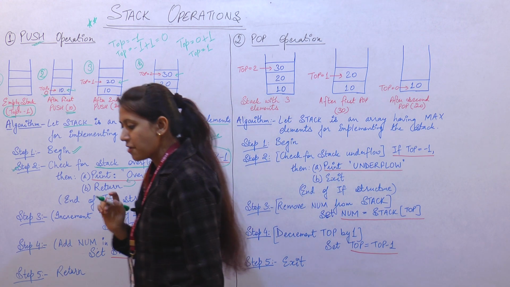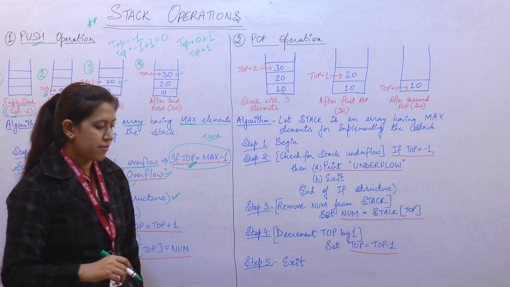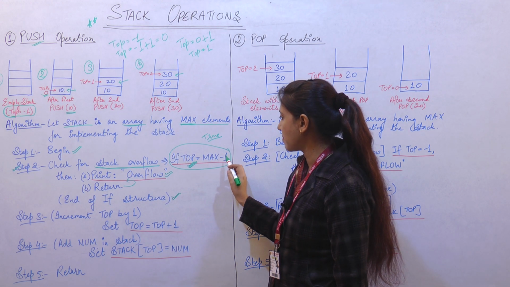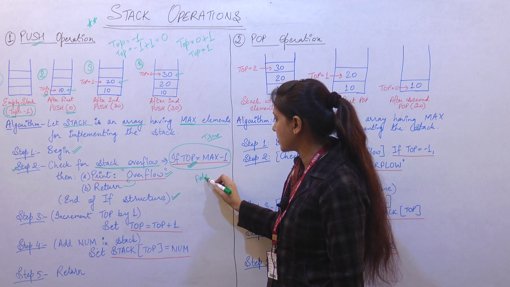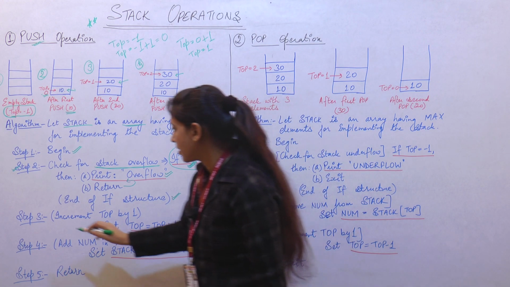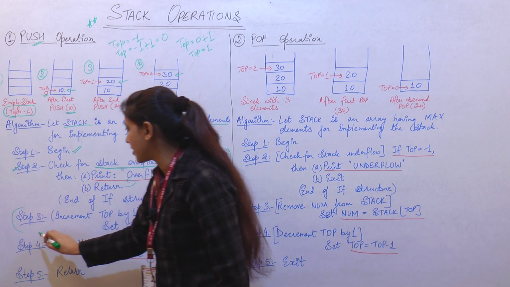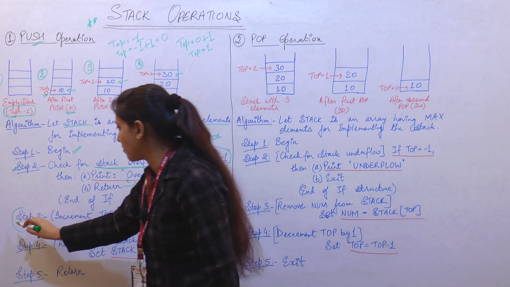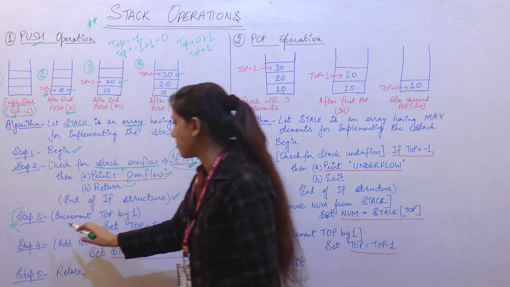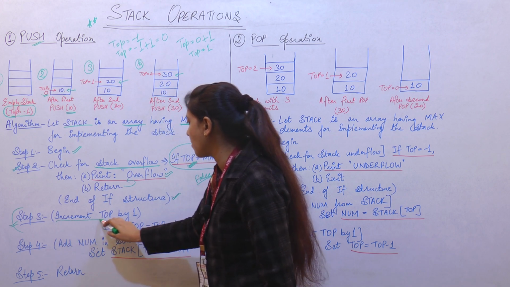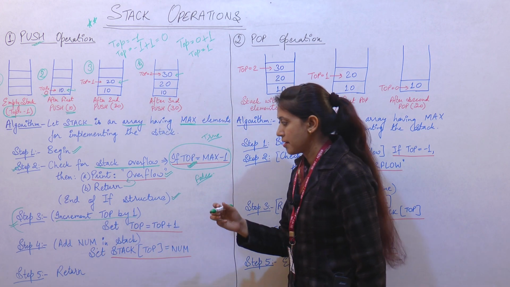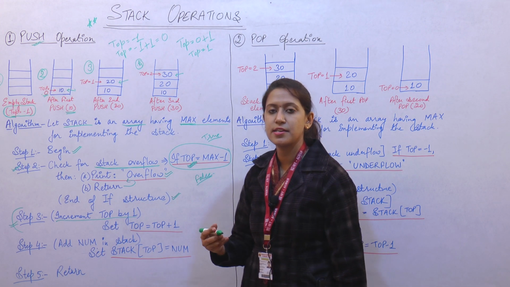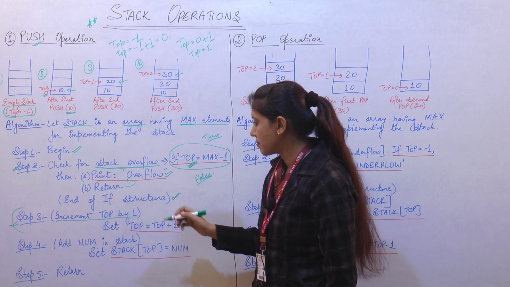Now if our stack is not overflow, that means if this condition, if top equals max minus 1, gets false, then we will insert a new element in the stack. For inserting a new element in the stack, we will implement step 3. Step 3 states that increment top by 1. Whenever we are inserting any new element in the stack, we are always incrementing the value of top by 1.